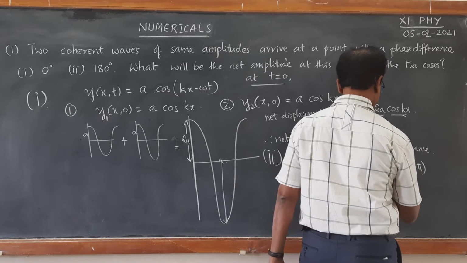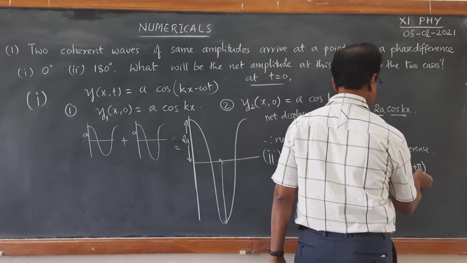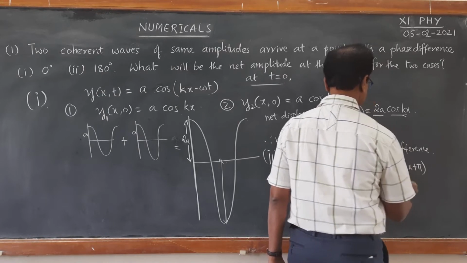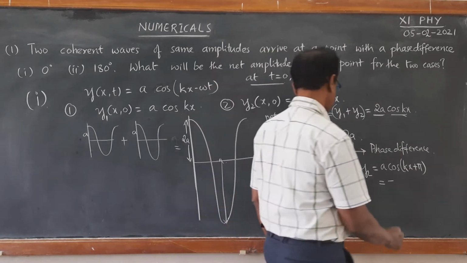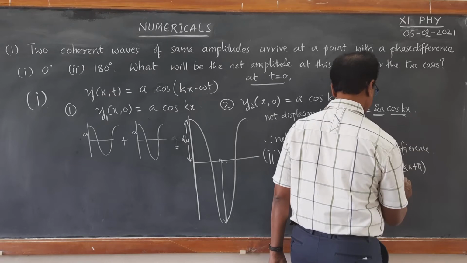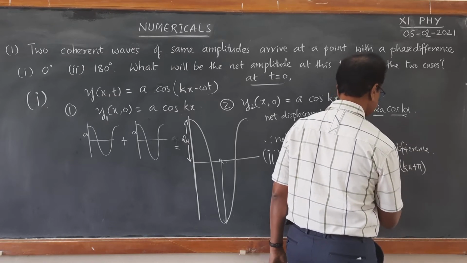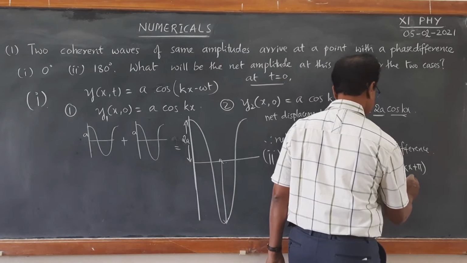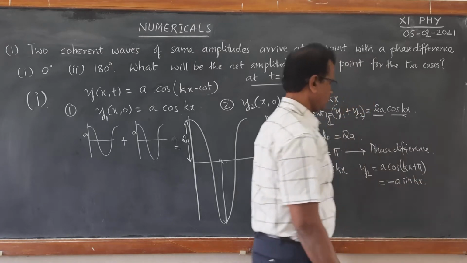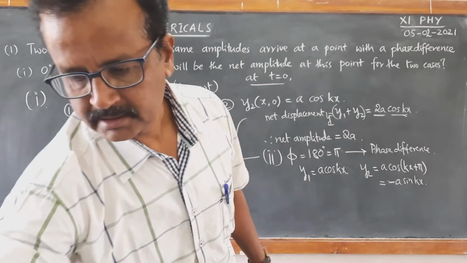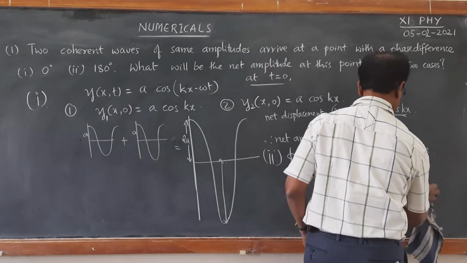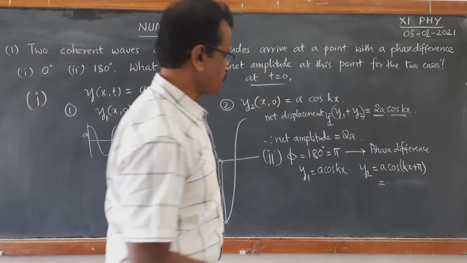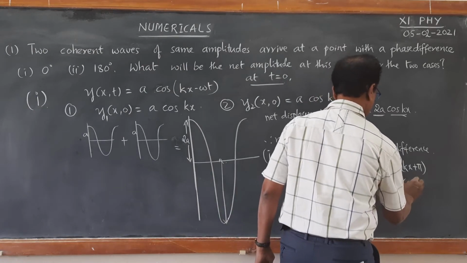So a cos(kx plus pi) becomes minus A cos kx.